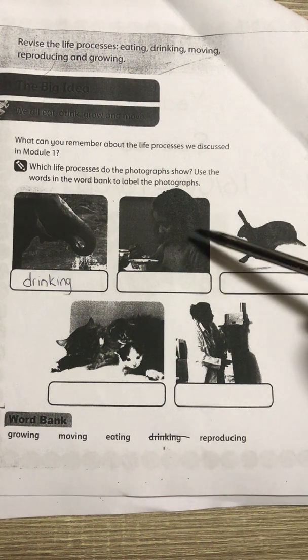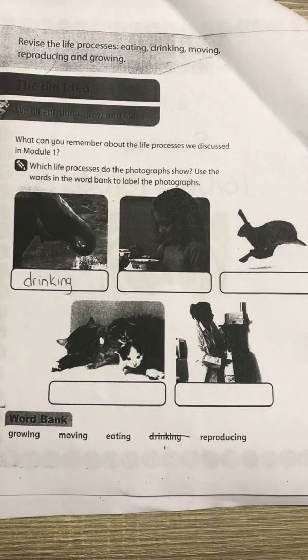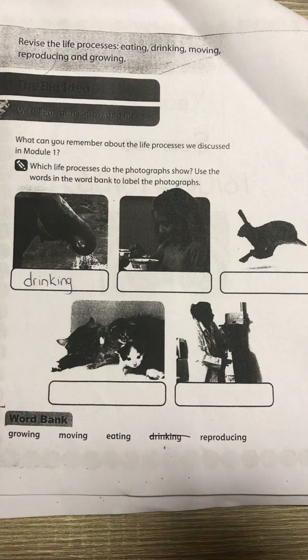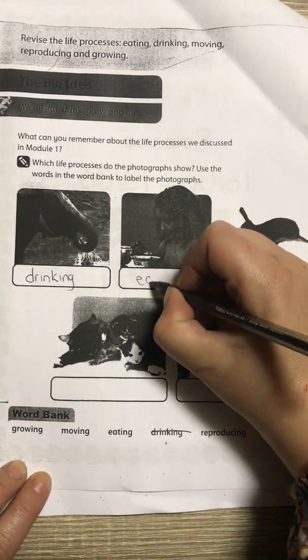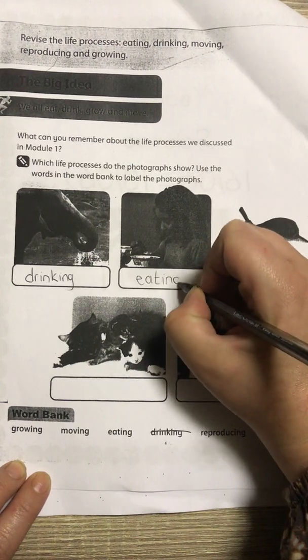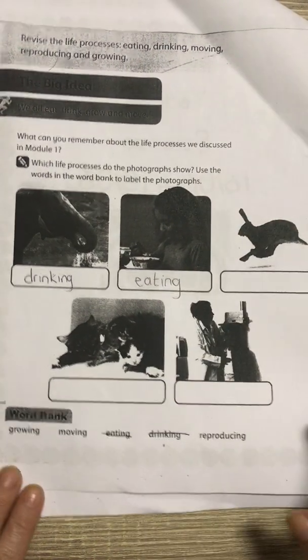I'm carrying on. This little girl is sitting with a fork or with a spoon. I can't see what that is. Basically, she has a bowl in her hand and I think a spoon, and she's going to now do what with that food? She's going to eat it. So we write eating underneath this picture and cross it out at the bottom.